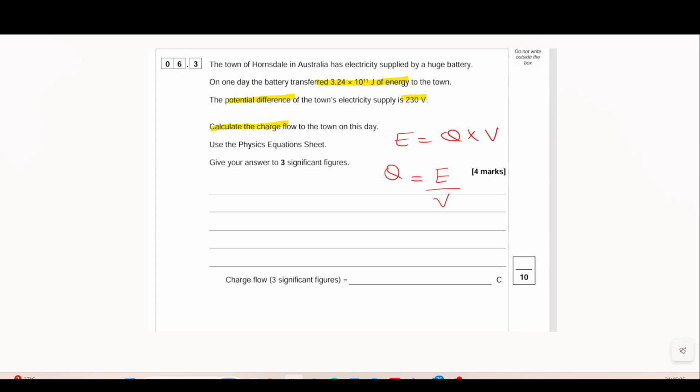Yes. So 3.24 times 10 to the power 11 divided by 230 equals.